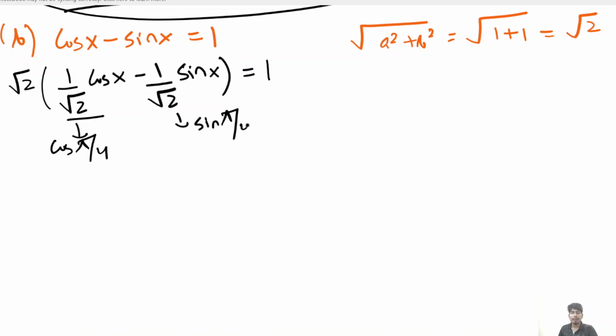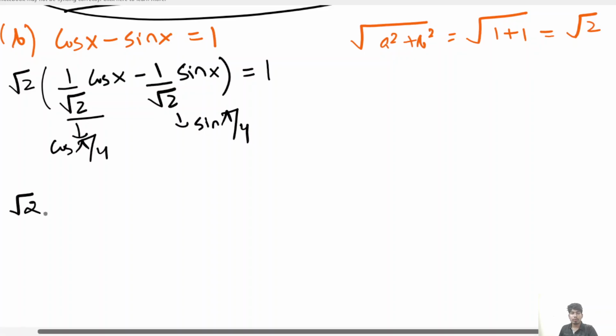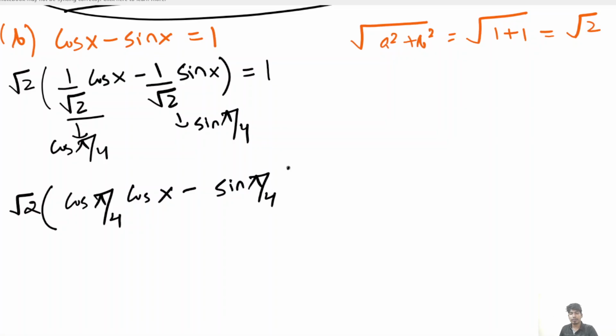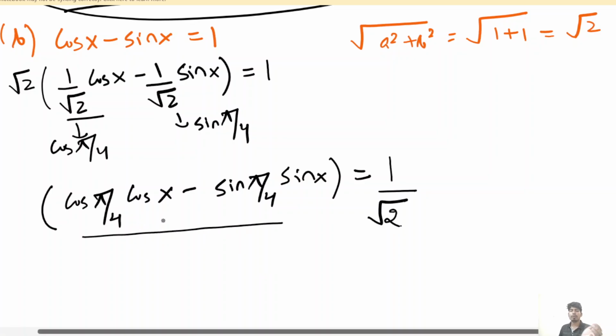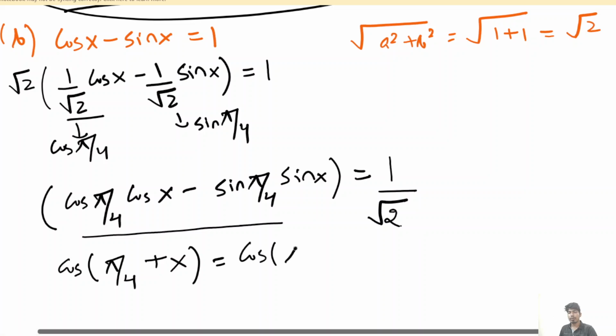Then what we get? √2 (cos π/4 cos x − sin π/4 sin x) = 1. This √2 goes to the RHS, so it becomes 1/√2. This is the formula of cos A cos B − sin A sin B, which is cos(A + B), meaning cos(π/4 + x), and this is equal to 1/√2, which is cos π/4.